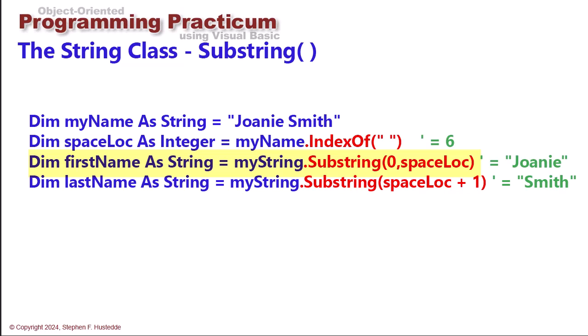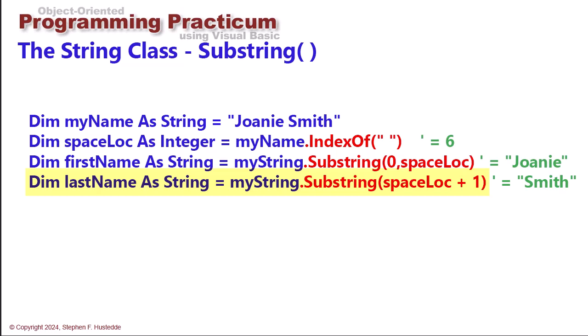Then I can use that value in the substring to extract the first name and to extract the last name. So here, first name is a string variable equals my string.substring. We're going to start with character 0, the J in Joni, and do space lock characters. That's 6 characters. And we extract the word Joni. The next line, we have last name as a string equals my string.substring.